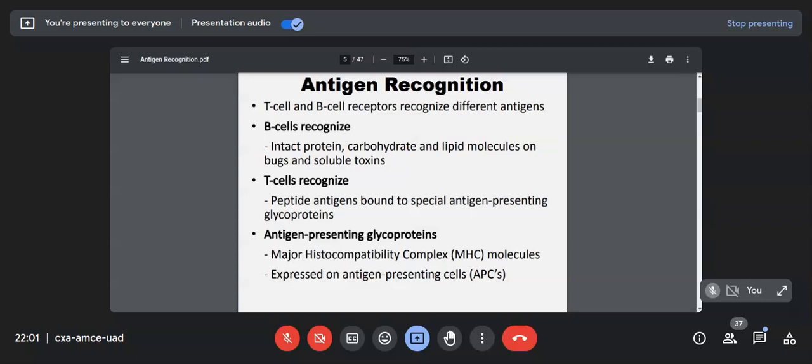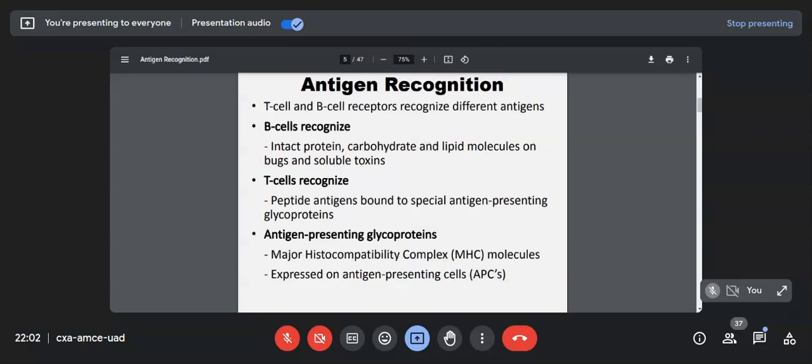But I'll talk about it again so you can solidify it. T cells can't recognize an antigen directly. They need someone to bring it to them and tell them, this is an antigen, check it out. That's the only way T cells are able to recognize an antigen. But B cells can just recognize an antigen in the system, just like that.